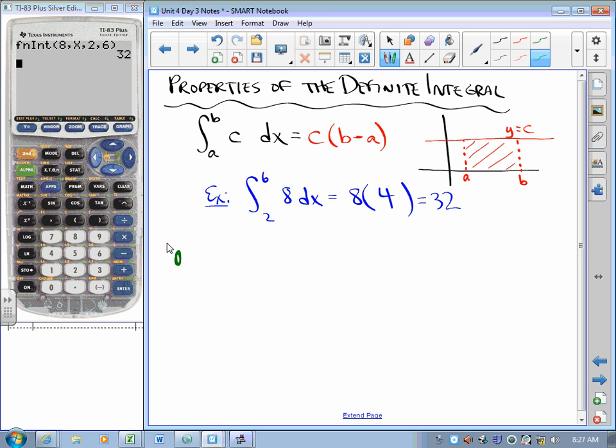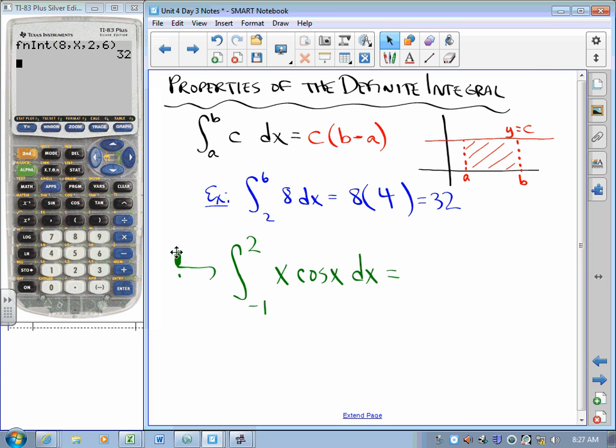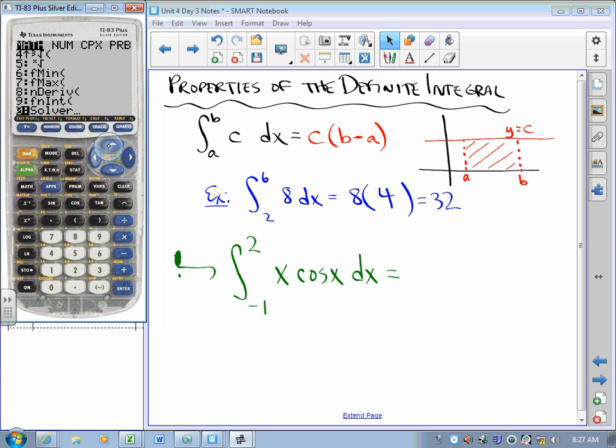As a side note, you should know how to evaluate integrals on your machine. So if we were to take the integral from -1 to 2 of x cosine x dx, you should know that because we don't know how to do that yet, that is a calculator problem.